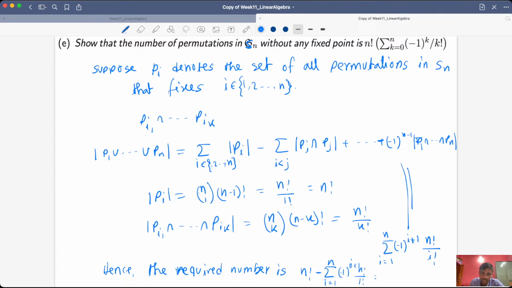Factorial n I can just include, so in terms of k, I can write k equal to 0 to n of minus 1 to the power k, because minus of minus 1 to the power i plus 1 is just the sign. So this is the required number in this case.